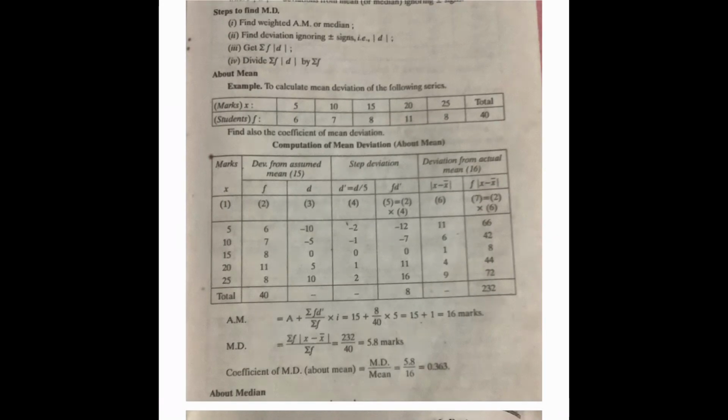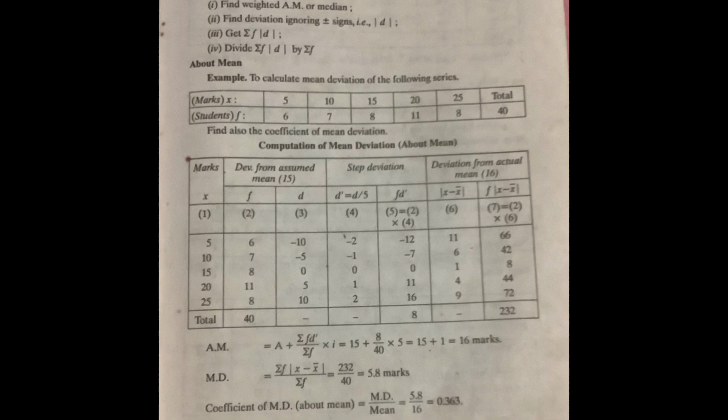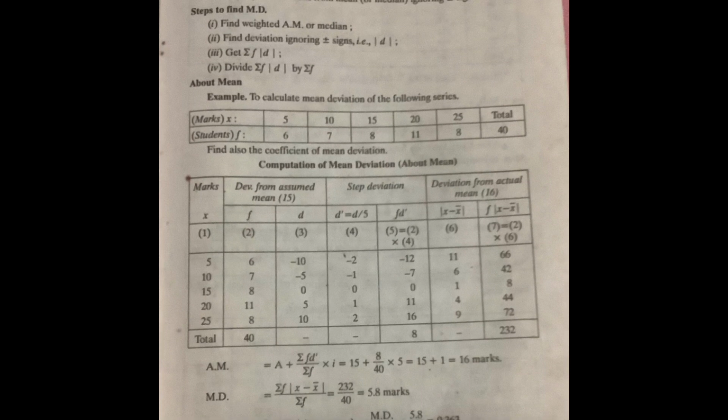So let us solve one question from this. We have a question like this: calculate mean deviation of the following series. They have given x variable and f frequency. Also you have to find coefficient of mean deviation.